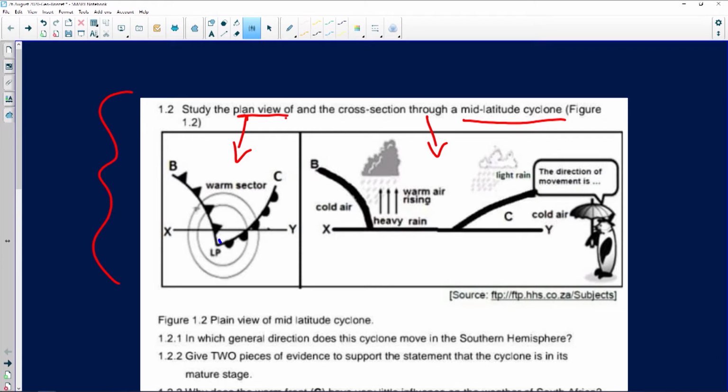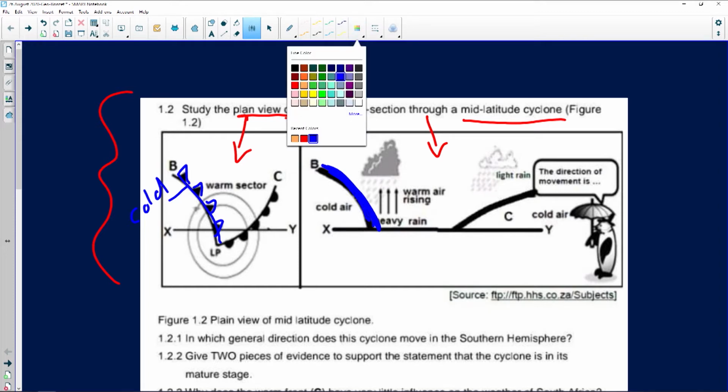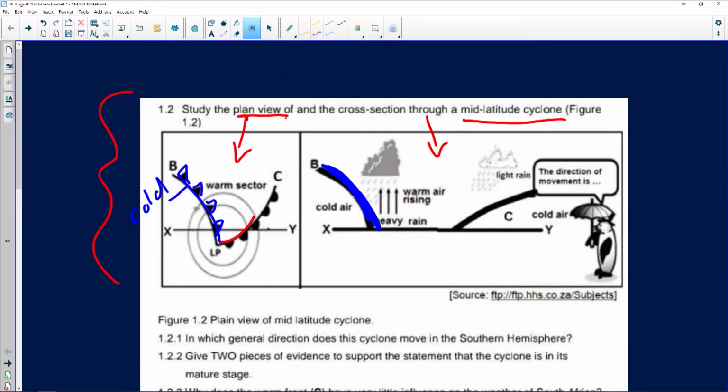B represents the cold front. If you look at it from a cross-sectional point of view, there you can see there's B. And C represents the warm front. It's this area over there.